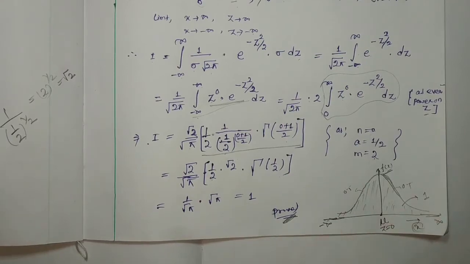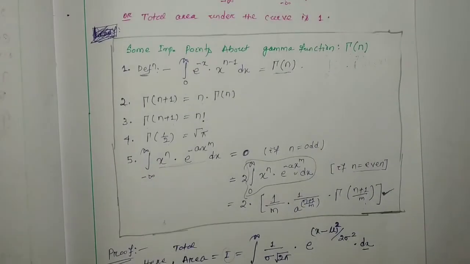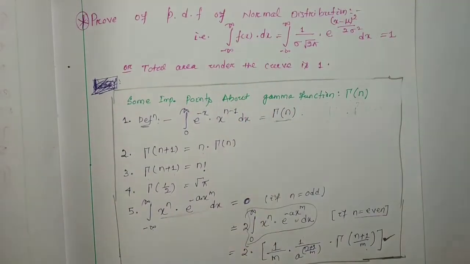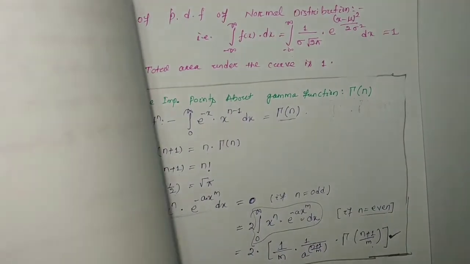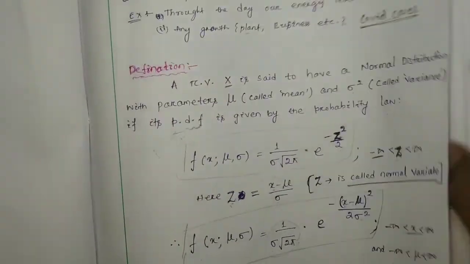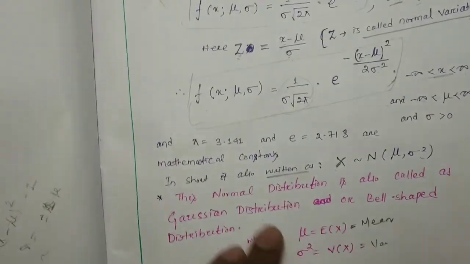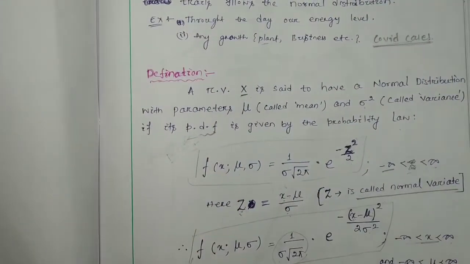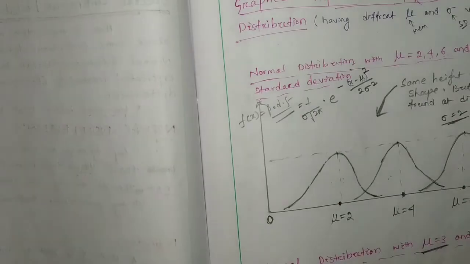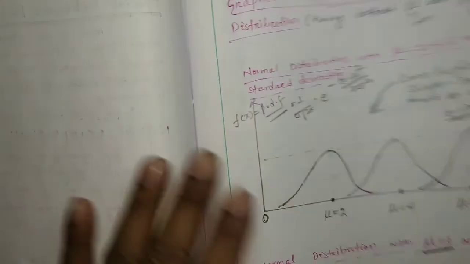So this is the proof of the PDF of normal distribution. Here I am going to suggest that this content has to be written in the note after this one. This is the normal distribution definition, and right after the definition it has to be written in the note.